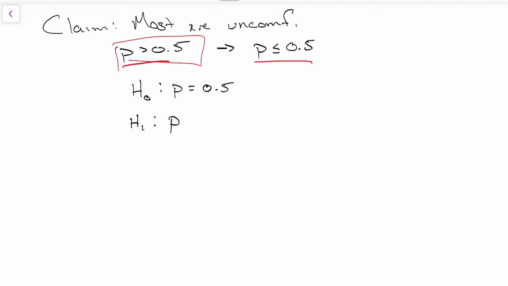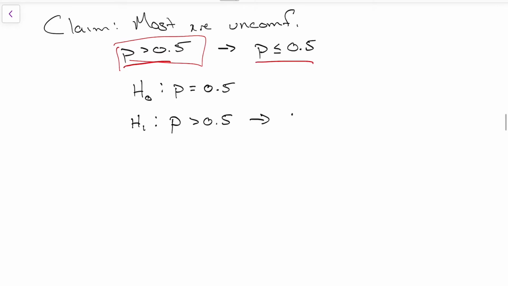So our alternative hypothesis will be P is greater than 0.5. We have our null and alternative hypothesis. This tells us right here that because we have a greater than sign, this will turn into a right-tailed test.